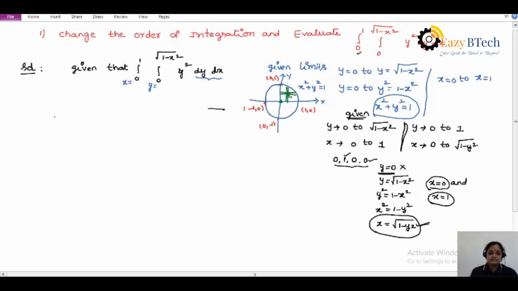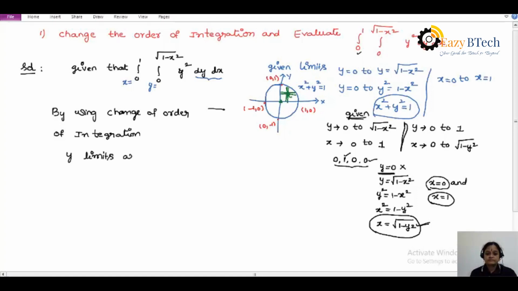Okay, now I am writing the corresponding limits here. By using change of order of integration, y limits are 0 to 1 and x limits are 0 to root of 1 minus y square.